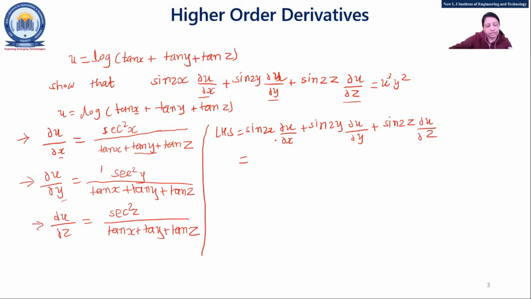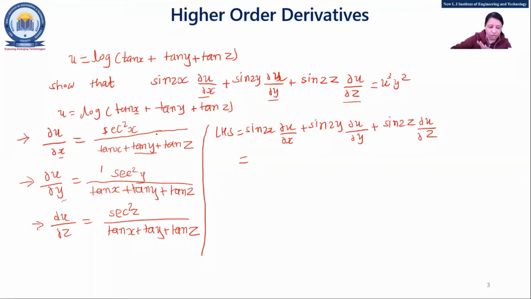Similarly, we will put del u by del y. For sine 2x, that can be written as 2 sine x cos x, and with that del u by del x, which is sec square x, right? So one cos is supposed to be cancelled out and we'll get the answer in tan x, something like that.